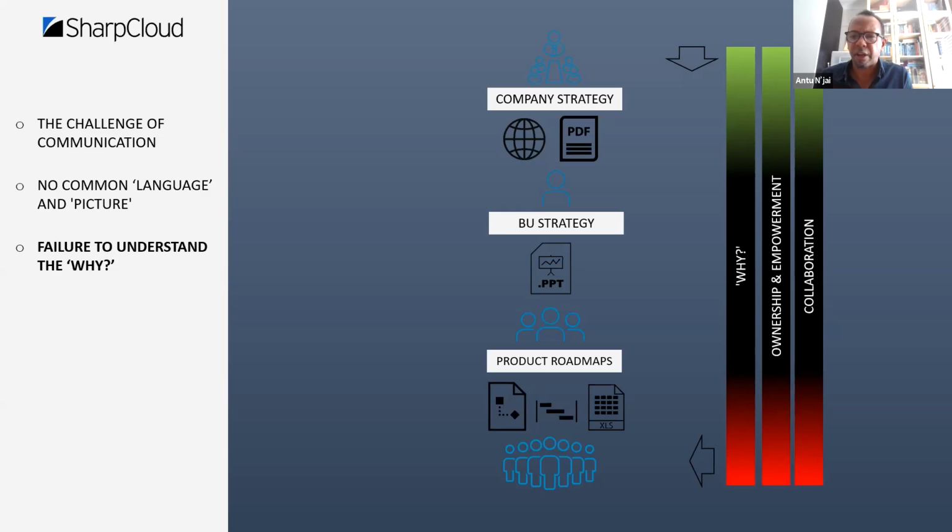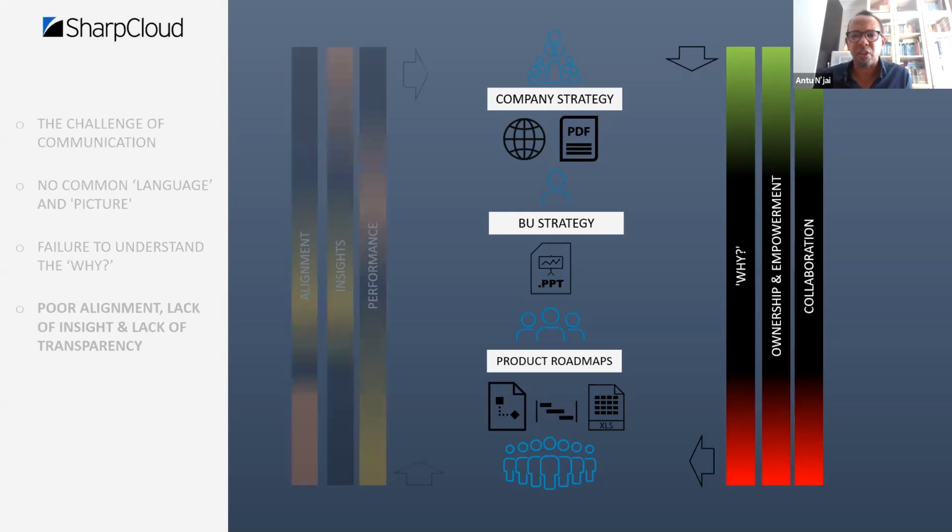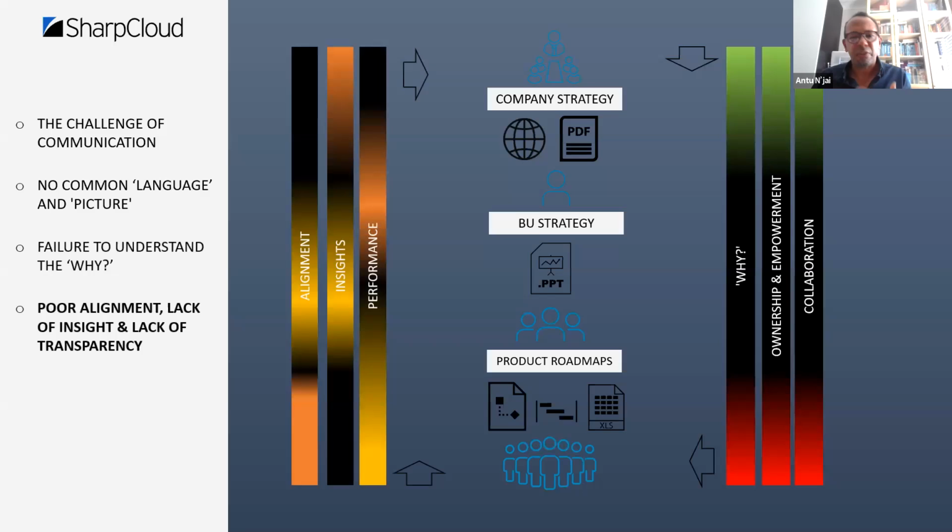There can be challenges around feeling like you can actually affect a change or tackle a problem if you're not sure where it fits and how you fit into that picture. And so collaboration can be a challenge. What that can mean going back up from the teams within an organization to the business and its performance is that there can be patchy alignment, insights are maybe not as clear as you would hope, and therefore performance is maybe under threat or is challenged.